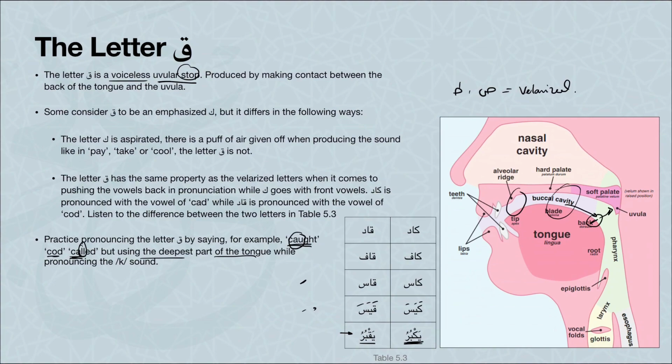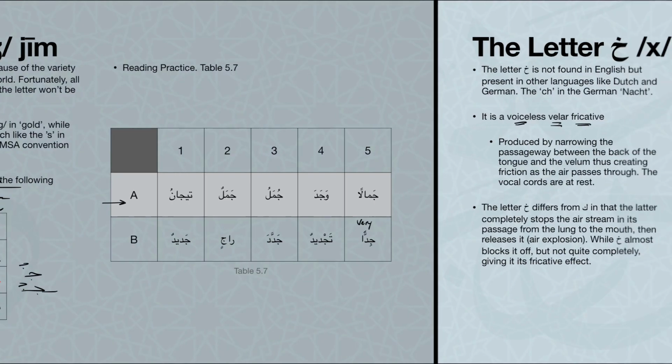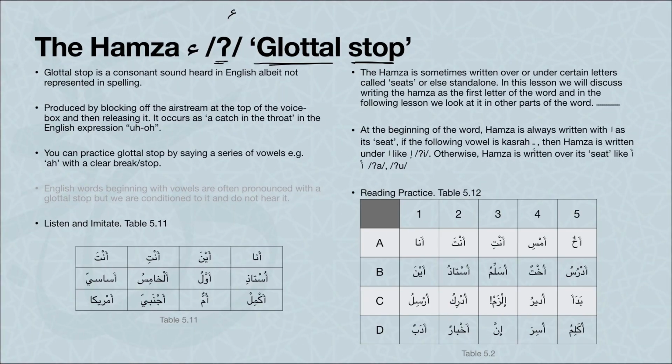We call this a stop and uvular because it happens here. Now, if you go back to the Hamza, it's called a glottal stop, so it happens here. You stop the air at this location. It sounds very difficult, but it's very easy, and you'd realize that you are using it every time you speak English without noticing it.